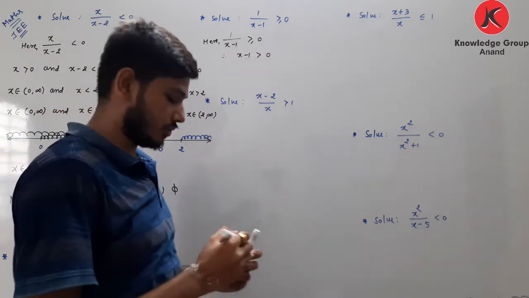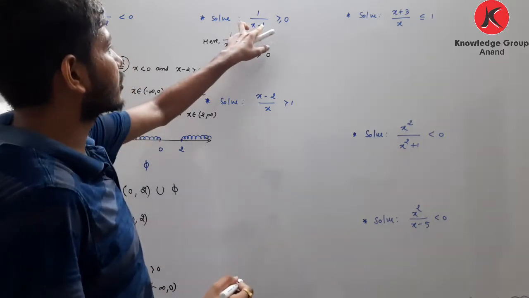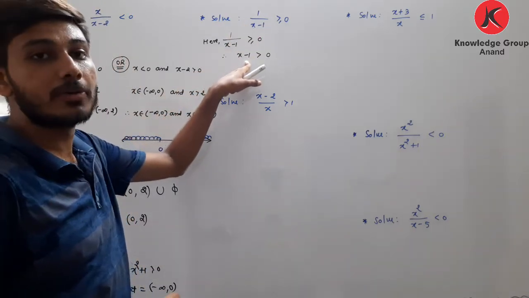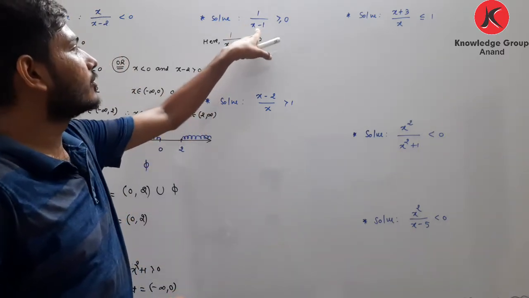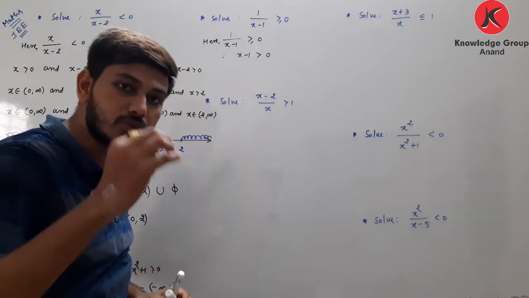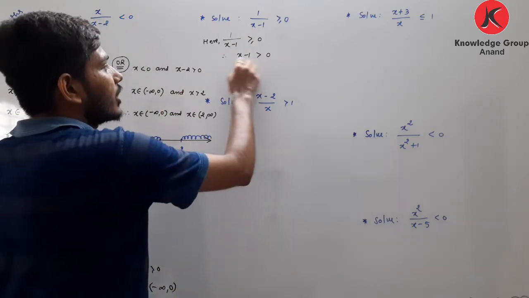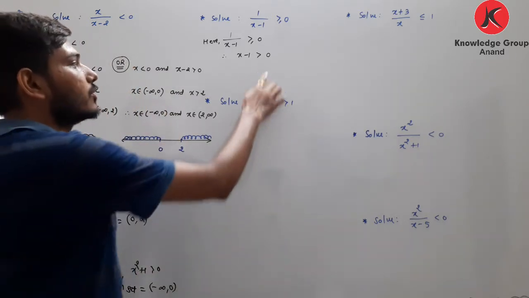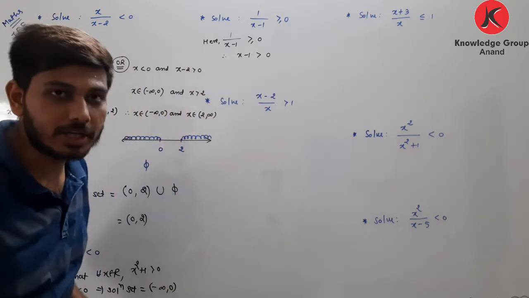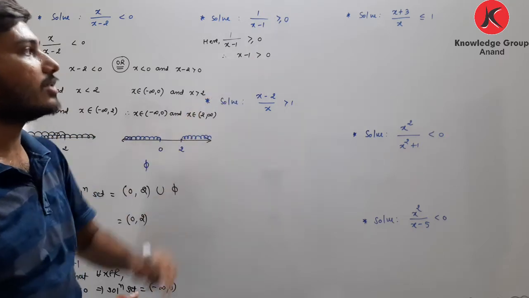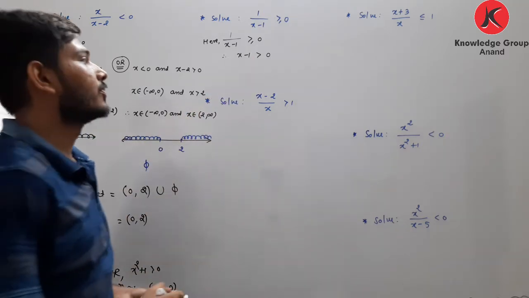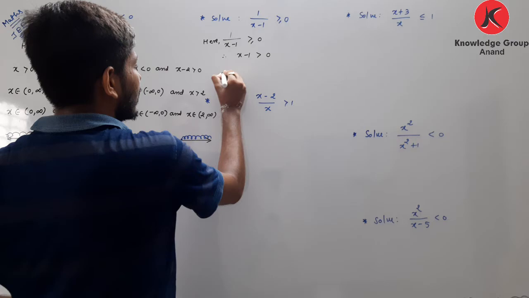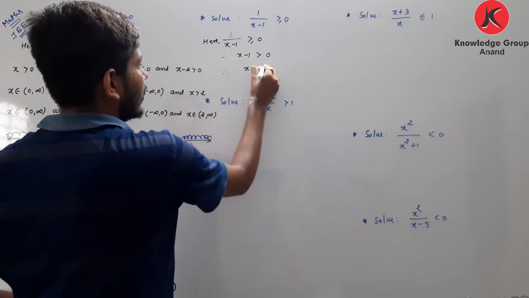Reason is that because x minus 1 is in your denominator term, we can't take denominator equals to 0. Therefore we have to take x minus 1 as greater than 0, not equals to 0 here. Therefore, we are getting x greater than 1.